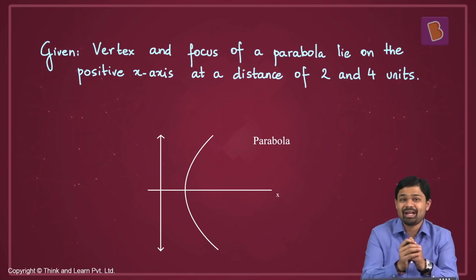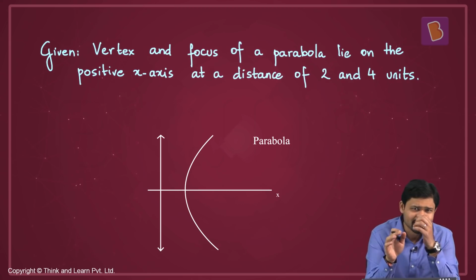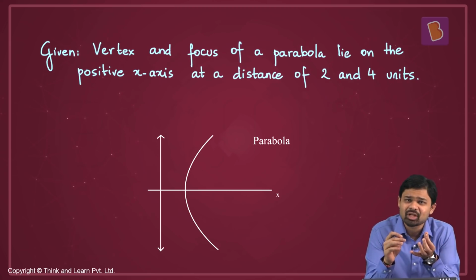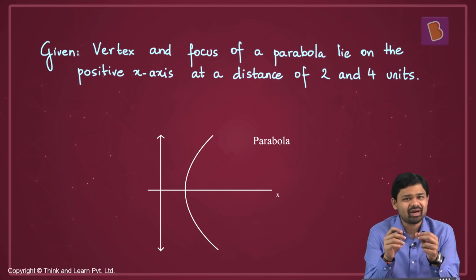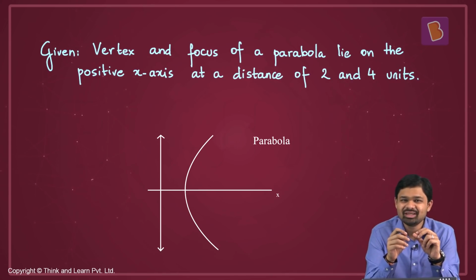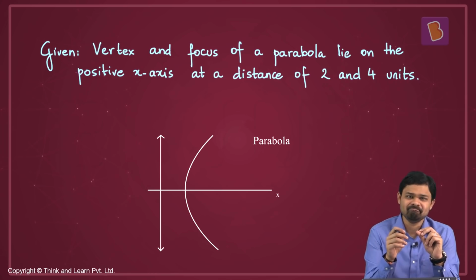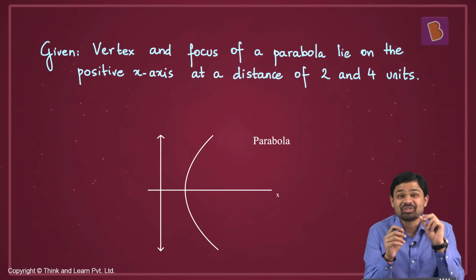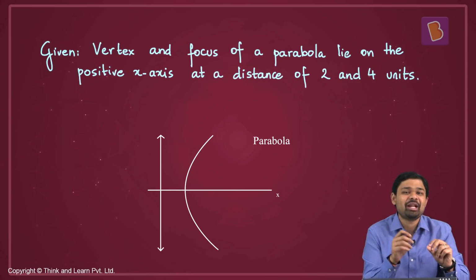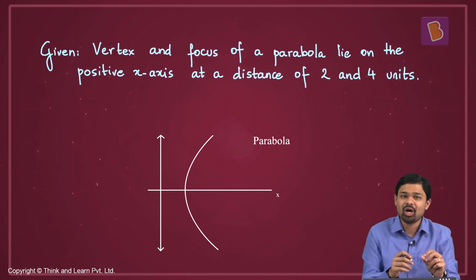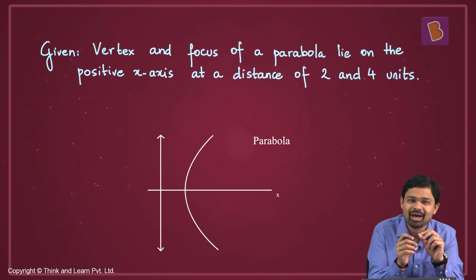Now the objective of this question is to find out which of the 4 points given do not lie on the parabola. Now this is not a very straightforward and simple question, because we've been given the vertex and the focus. Now how do we find out the equation of the parabola? An interesting question, because this is where the definition of the parabola will come into picture. Now, where is the directrix of this parabola?